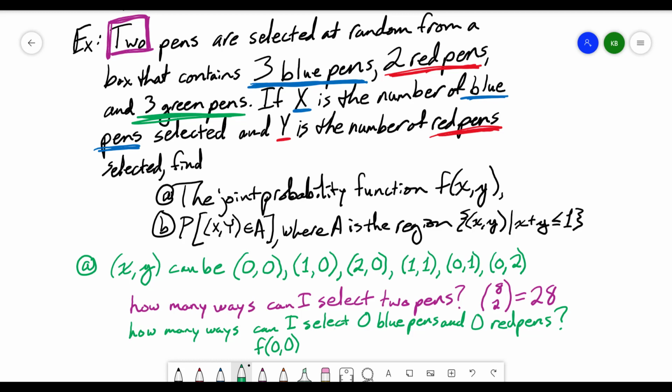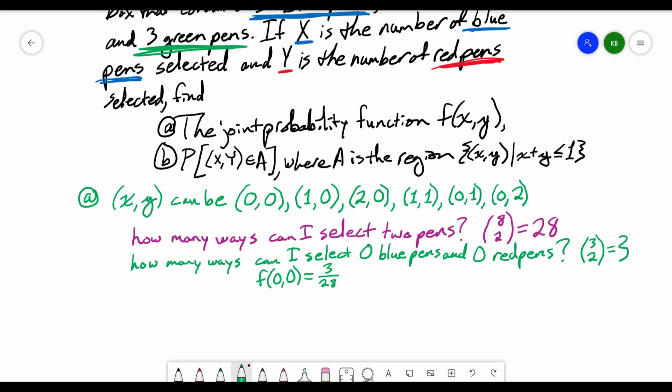Since there are 3 green pens to choose from, and I'm choosing 2 of them, I have 3 choose 2 ways, or 3 possible ways, to choose 2 green pens. This is going to serve as my numerator in my probability. So my joint probability function evaluated at 0, 0 is going to be 3 over 28.